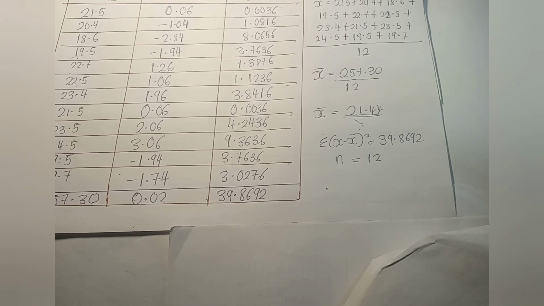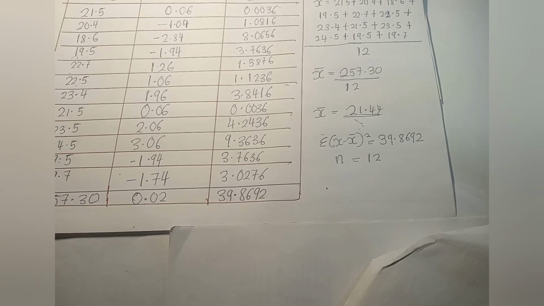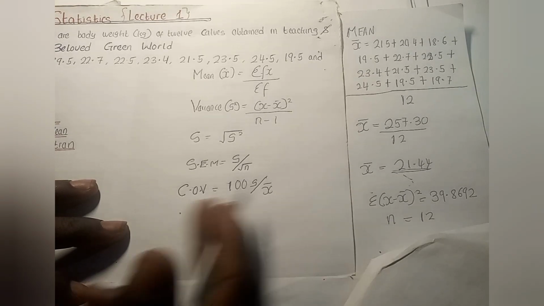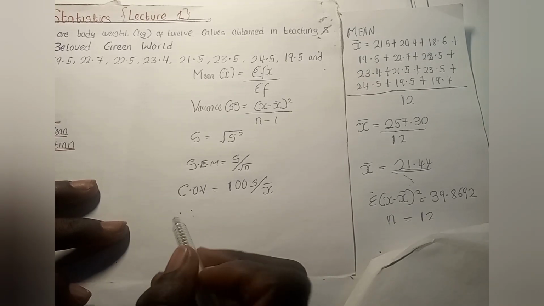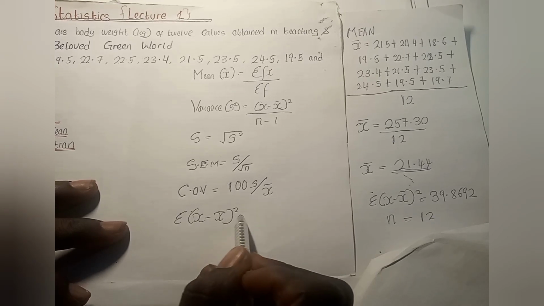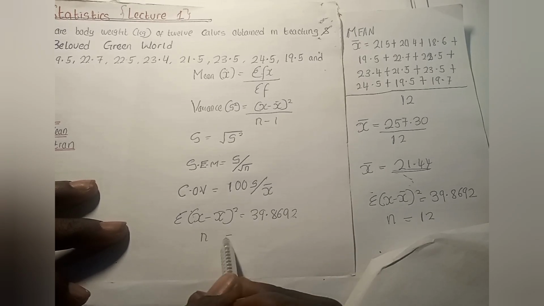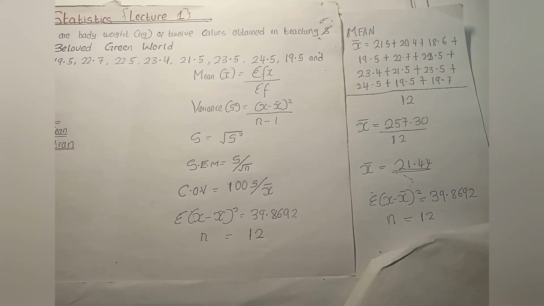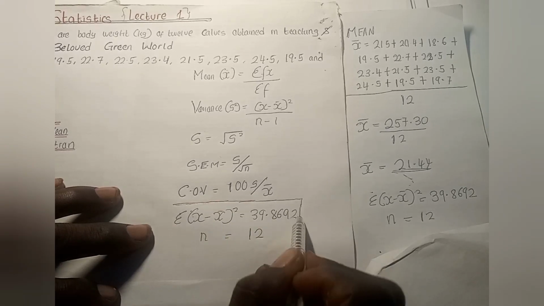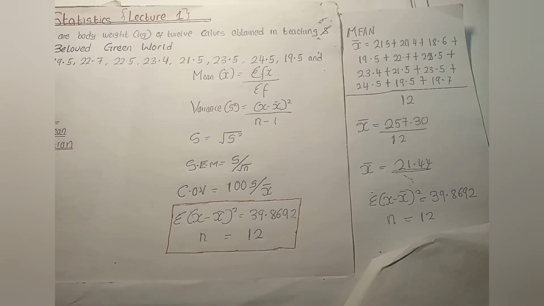If I want to calculate the variance, I can easily calculate it by substituting all these values. Let me rewrite this here, in brackets so that we won't confuse it. Don't forget, I got this from the table that we did the other time.